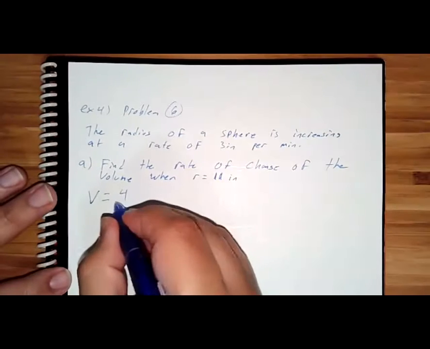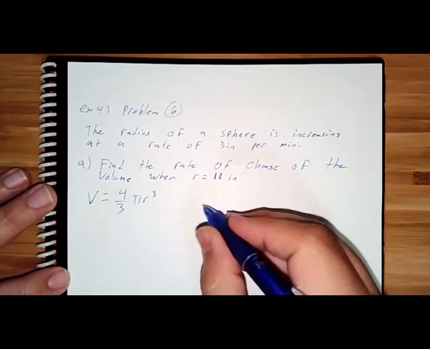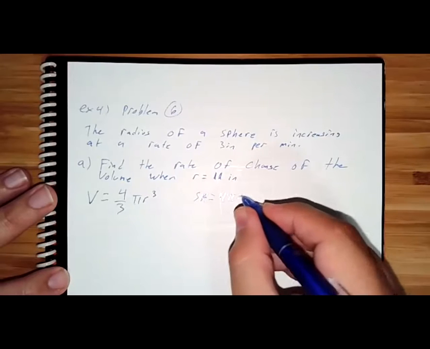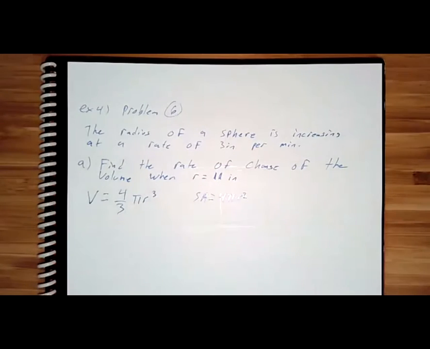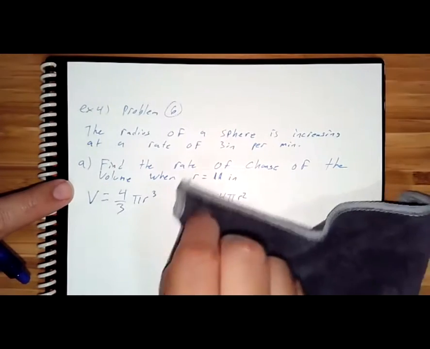I believe it's the formula we should use. They also have surface area, which we'll write down just in case, but I don't think we'll need this. So if I take the derivative, because they tell me to find the rate of change of volume, that's the hint. I should use this one. So I don't need this for sure now.